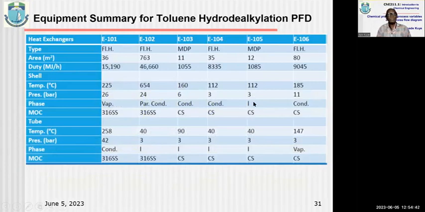Again, for that, in a simple example, you can see the various equipment that are there. E is supposed to be the exchanger, and then the type will be there, and so on and so forth.